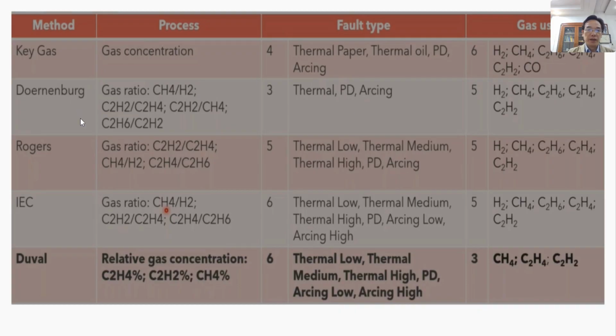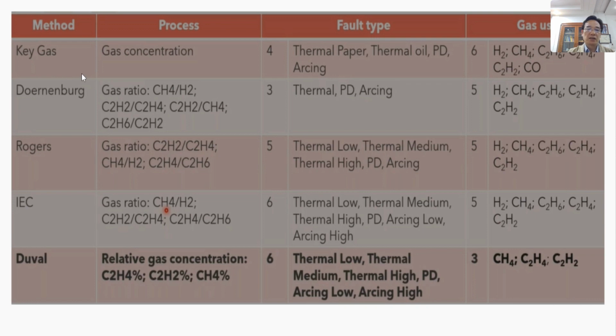So overall, we have some methodology to interpret the information we have from the DGA lab, then to determine the problem in the transformer. We have a key gas method.